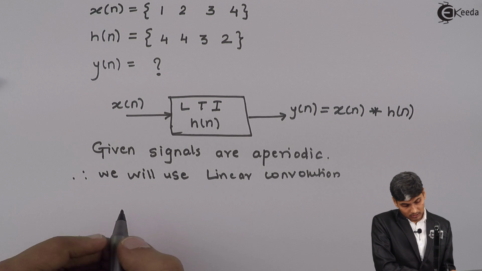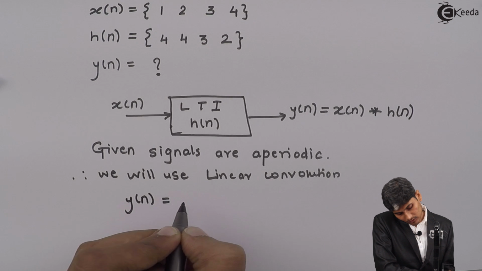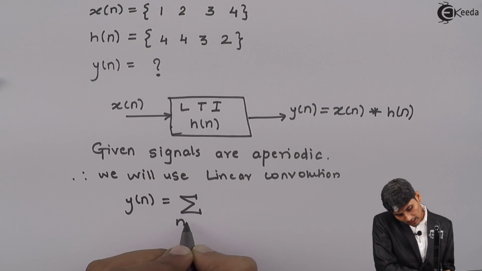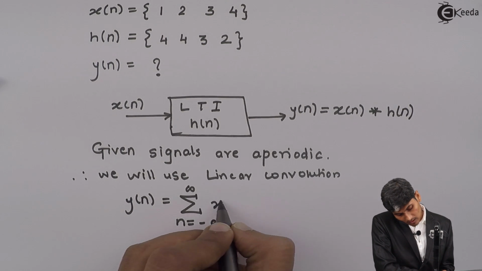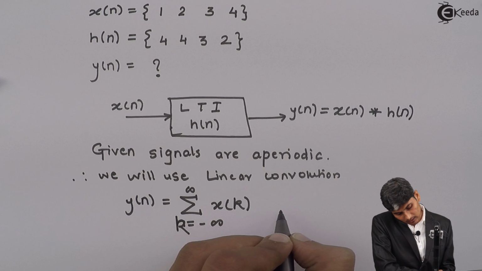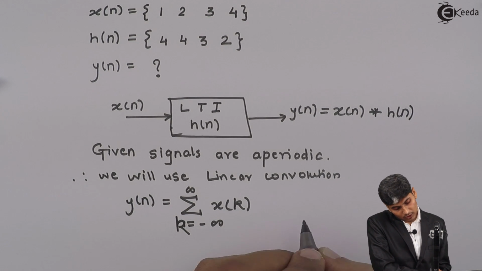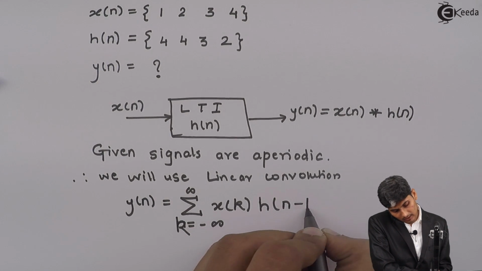A linear convolution, as per the formula, is given as y of n equals summation k equals minus infinity to plus infinity x of k h of n minus k.